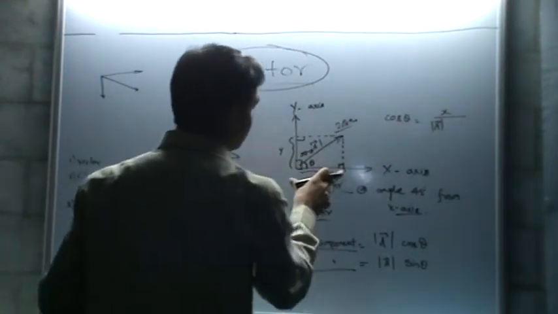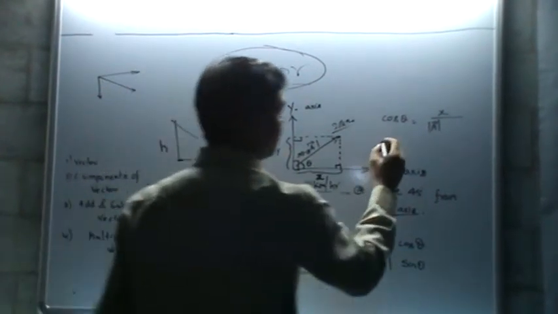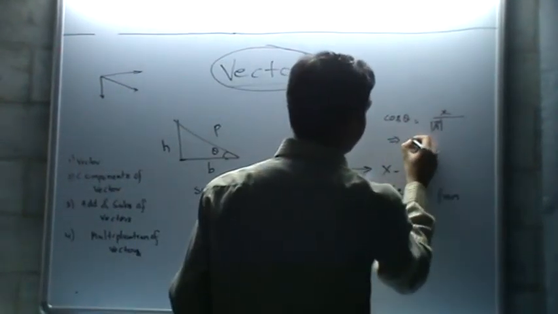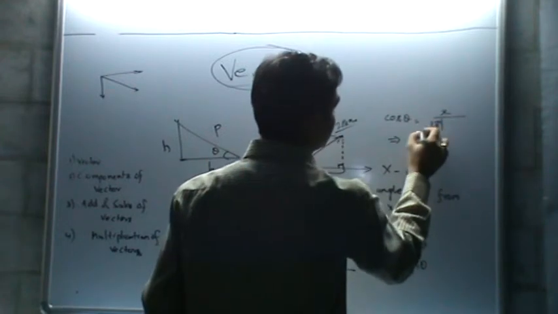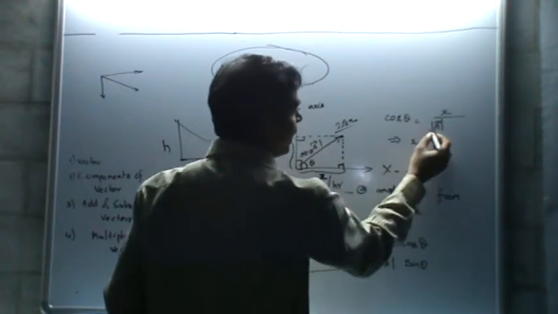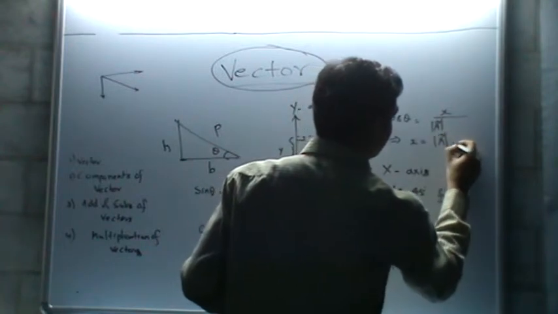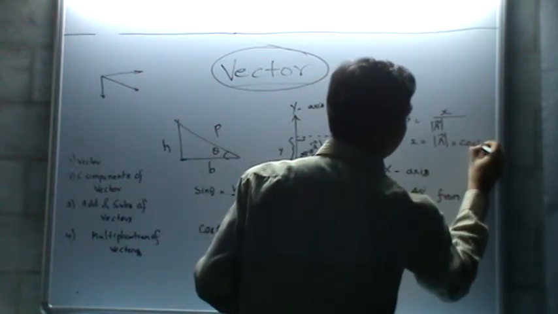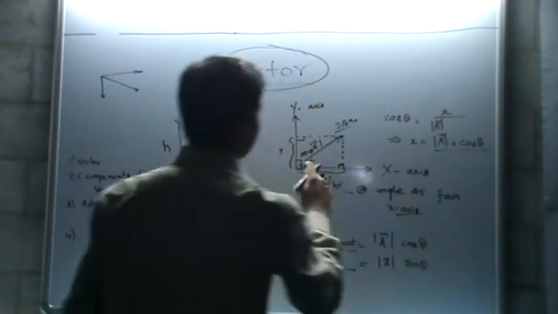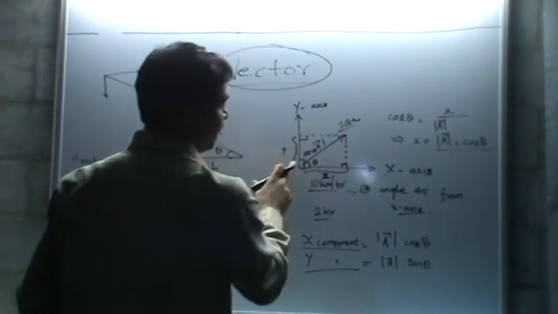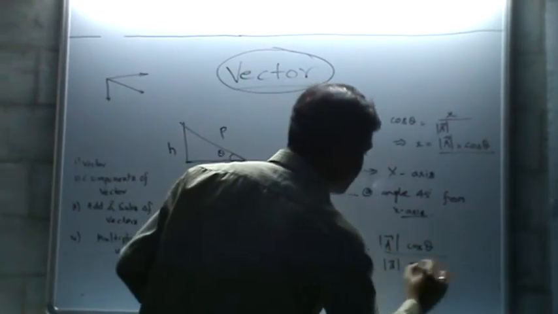Because this is the hypotenuse and this is the base. This implies x equals magnitude a multiplied by cos theta. Similarly, you can go for the y. Okay. So it will come this way.